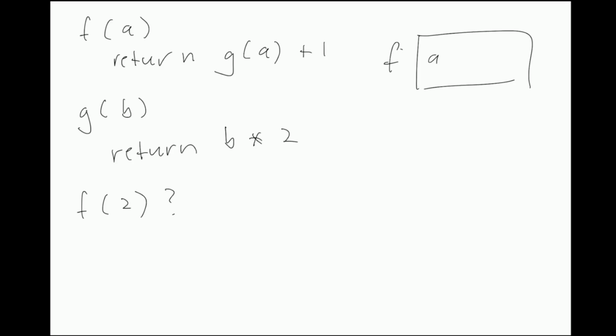So now when we call g, we create a new space for g. And when we call g here, what is the value of the parameter to g at runtime?